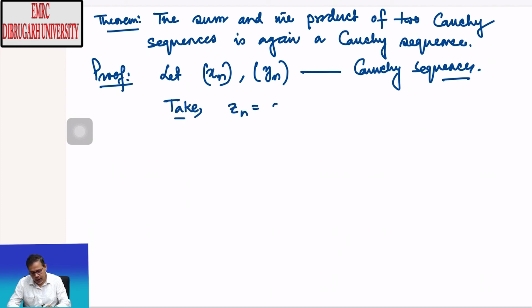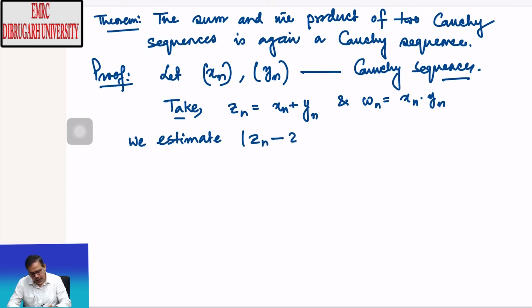Take z n to be x n plus y n and w n to be x n dot y n. We estimate z n minus z m and w n minus w m based on the properties of the Cauchy sequences of x n and y n.